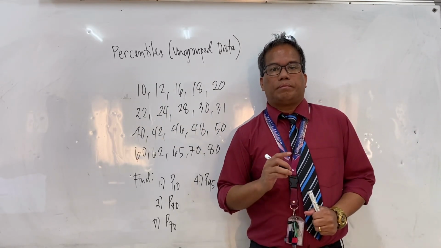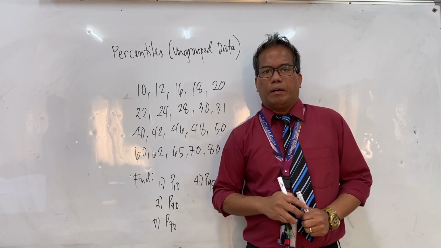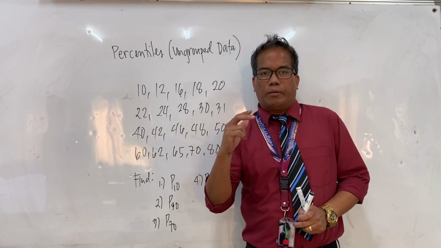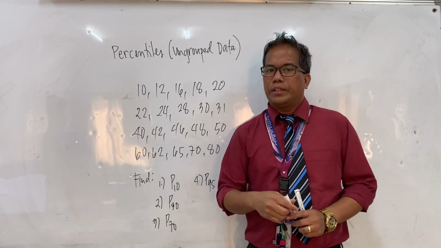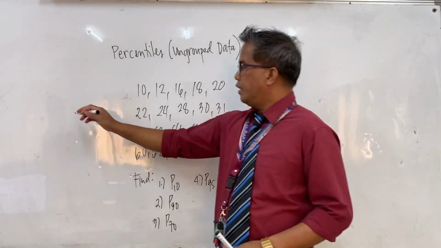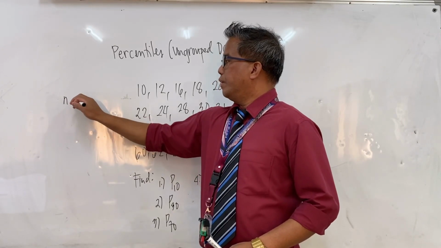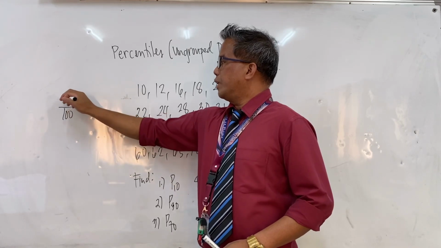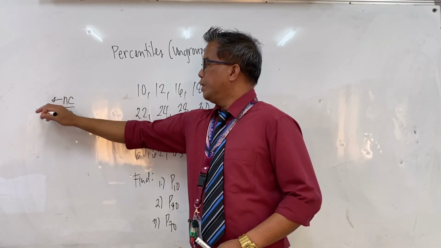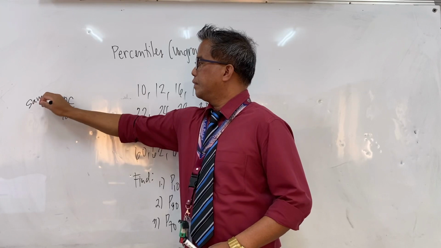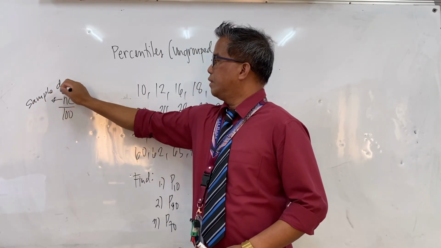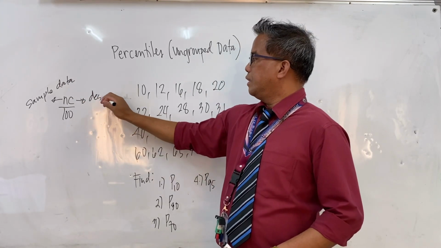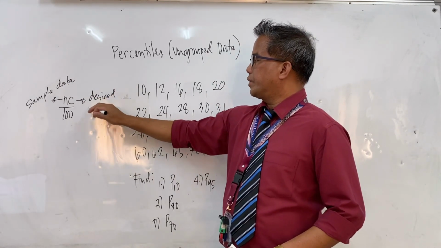Okay, so we have here the formula that we are going to use. We call it a set percentage. This formula is n times C over 100, where n is the sample data size, and C is the desired percentile.